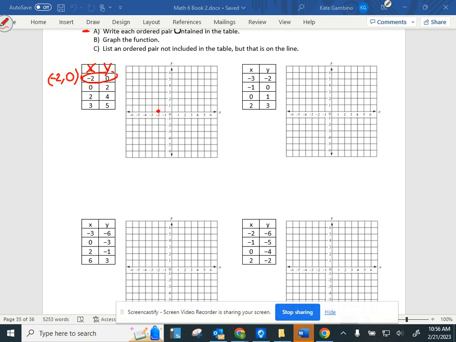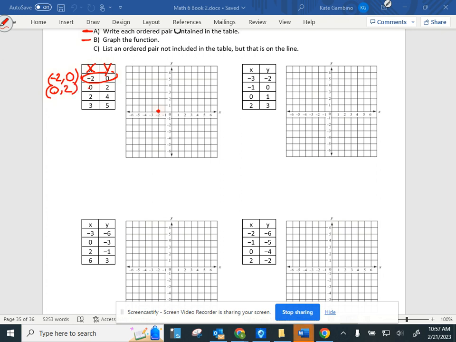Playground, back hill, fine. So our first step is to write the ordered pair. You're writing it right next to it or underneath it. Second step is to graph it. And our third step we can't do until we've done the first 2 steps. So everybody should be writing their ordered pairs.